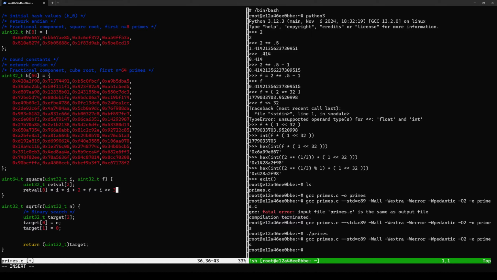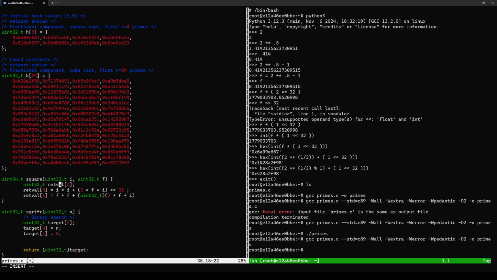Yes. So we'll take this value, which will be 2 to the 32nd, and we'll shift it over. And then retval1 will equal f times f plus 2 times f times I, and then we take the lower 32 bits.